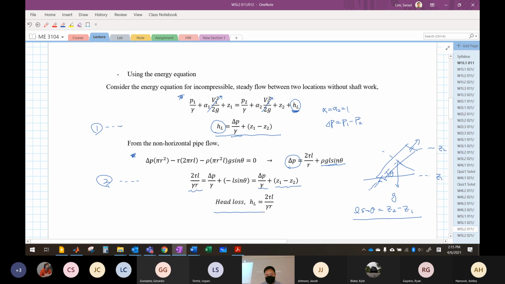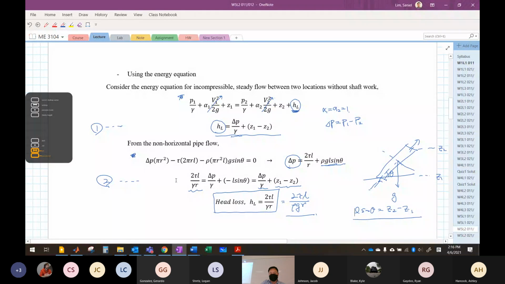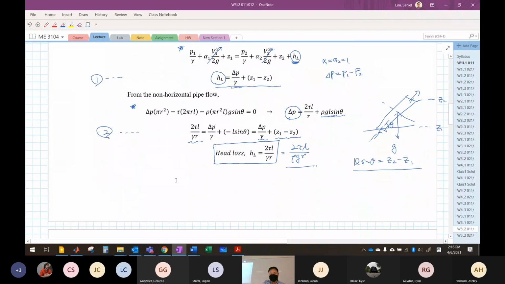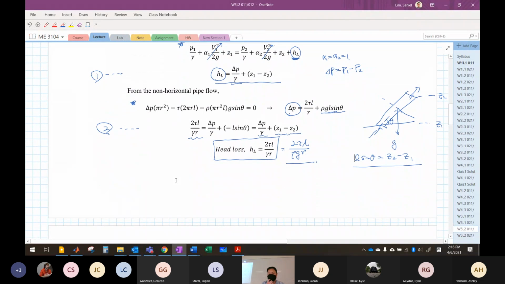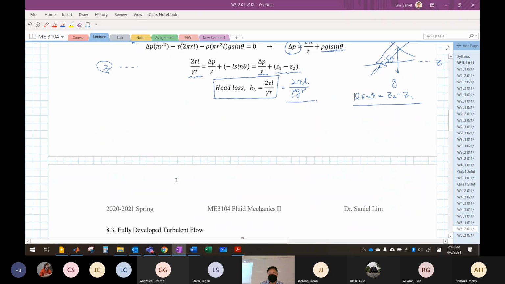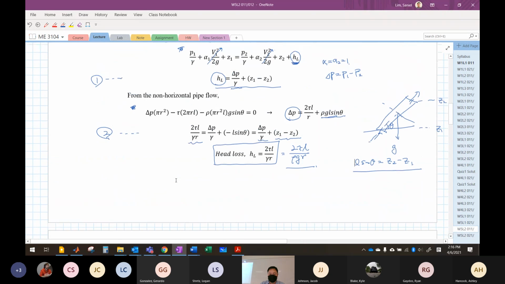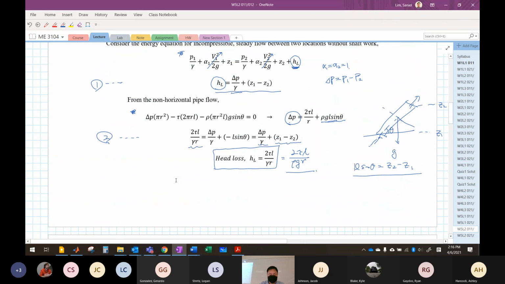So we can conclude that the head loss is the same as 2 shear stress L over rho g R. Okay. So we still keep the shear stress inside, so it's not that useful at this point.